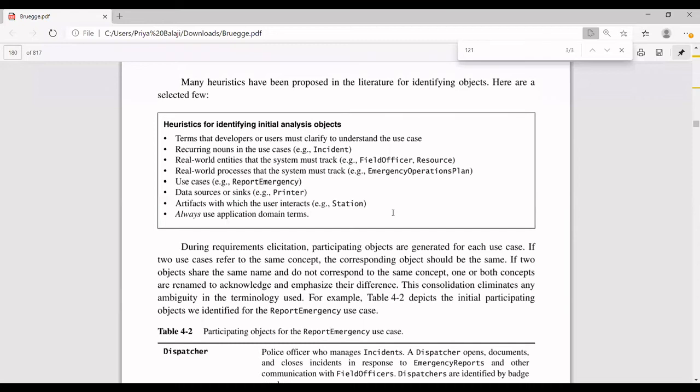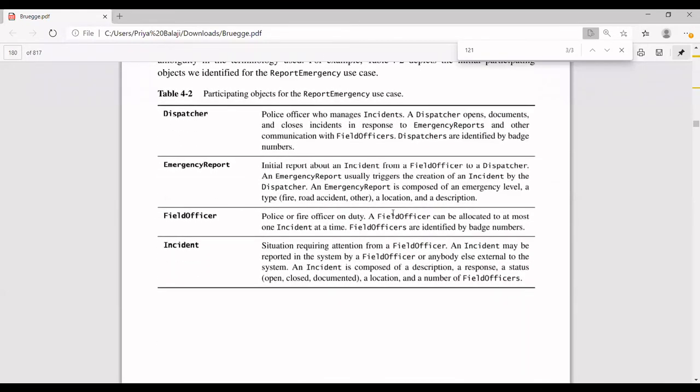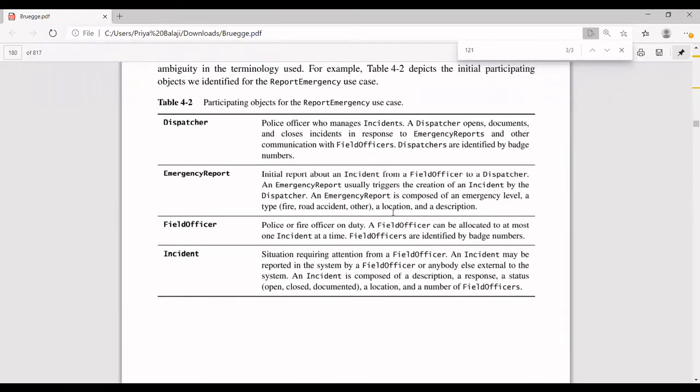Like that, we are going to include the objects inside our particular scenarios, which is called analyzing objects. Who and all will be involved in this particular scenario? Here they have given an example. As your dispatcher, the police officer who manages the incident, is going to be involved. Then the report about what emergencies or incident has happened is done through the emergency report.